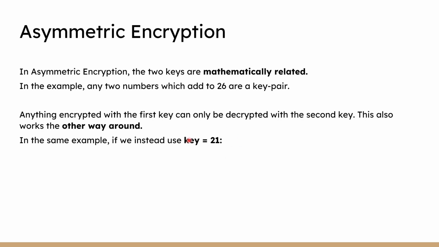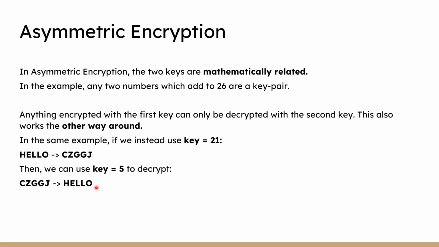So if we instead encrypt with 21, then we end up with different ciphertext. And then we can still use a key of 5 to decrypt it, and we end up with the original text by going C, D, E, F, G, H. And it works.